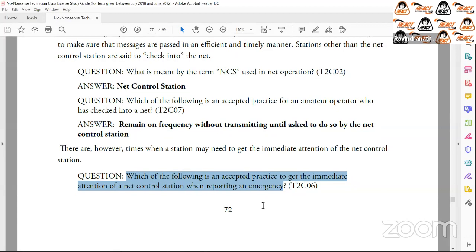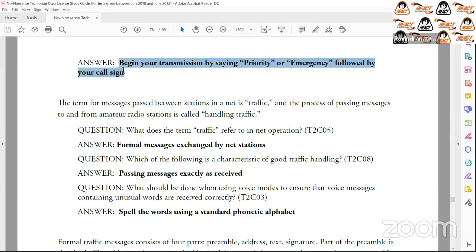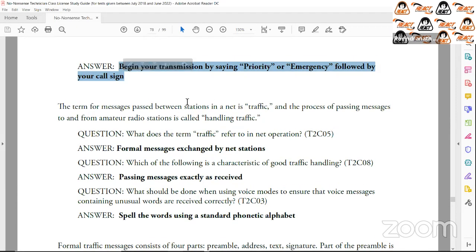During the pauses of transmissions, you begin your transmission by saying priority or emergency followed by your call sign. Notice you have to say either priority or emergency, and you have to state your call sign. Always state your call sign. An example would be emergency 9 Zulu 4 Romeo Golf. That is what I would actually say if I had to go to a net control station for an emergency.